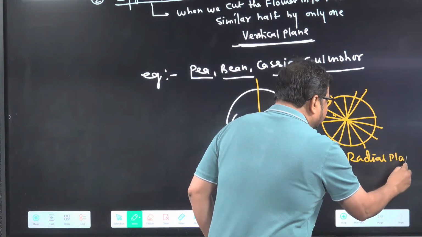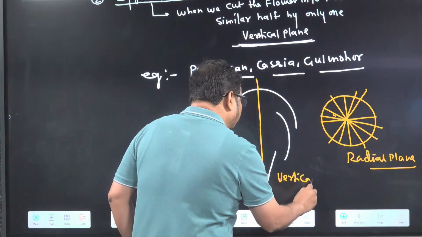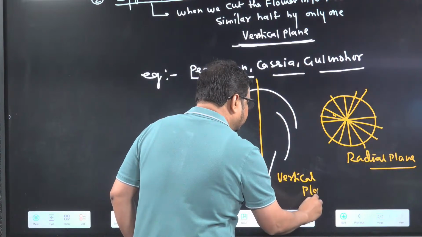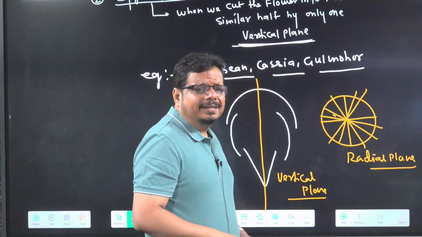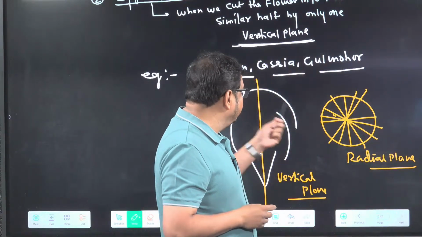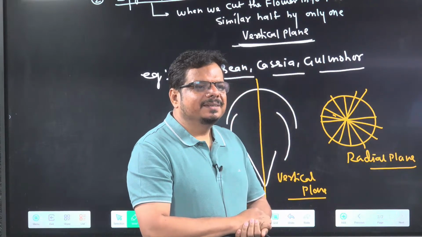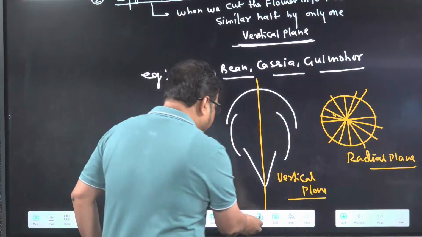Radial plane. And this is which plane? Vertical plane. Got the idea? Picture came in the mind or not? So in actinomorphic, radial plane; in zygomorphic, vertical plane. Don't confuse it.